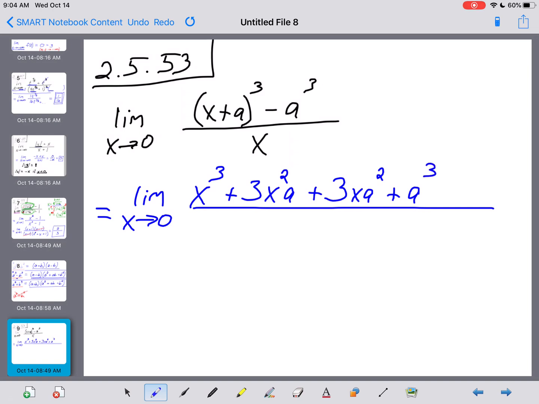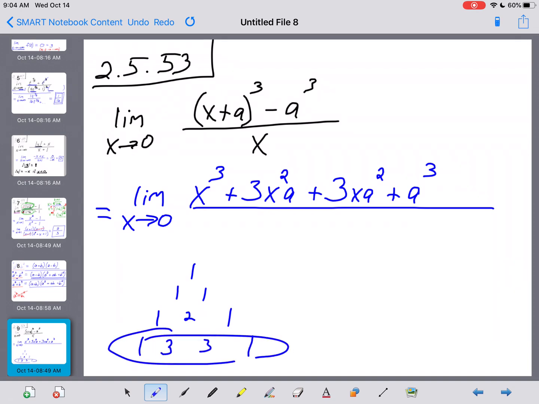If you remember Pascal's triangle, this is what's happening right here. That's where those coefficients of 1, 3, 3, and 1 came from.